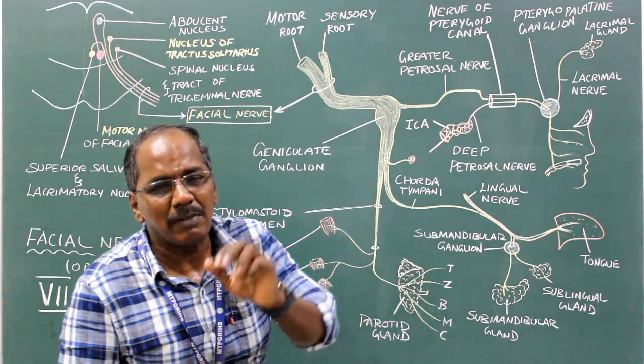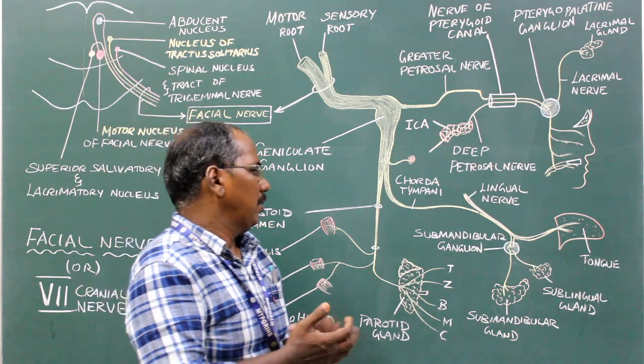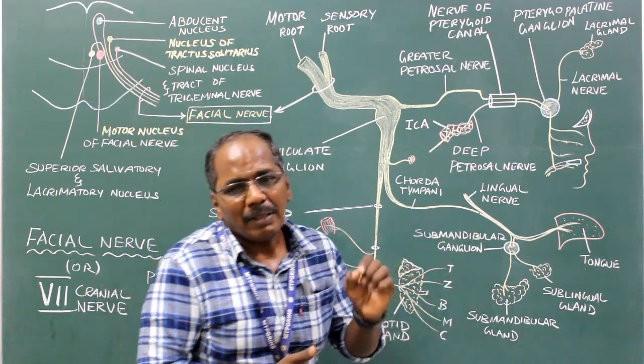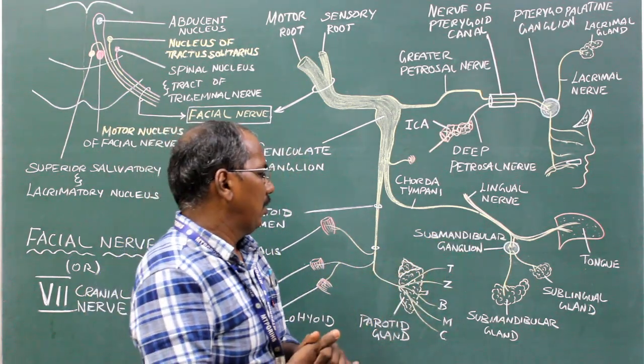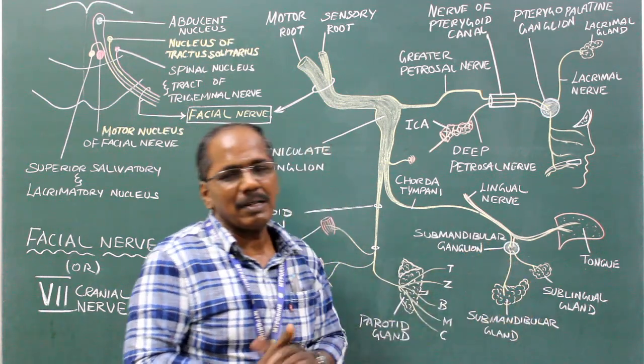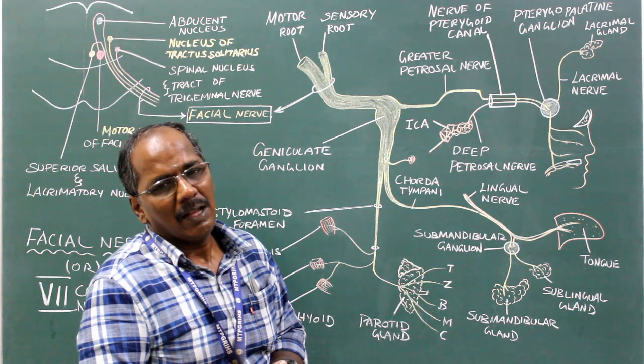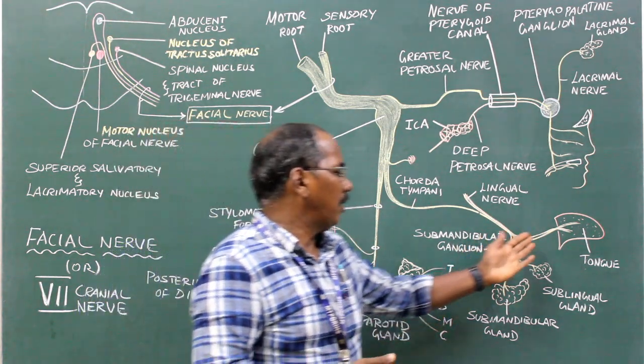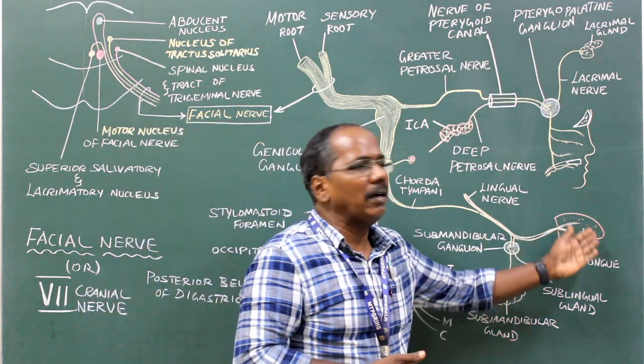It has 2 types of fibers: the parasympathetic fibers, which supply the sublingual and submandibular salivary glands, and taste fibers for the anterior 2/3 of the tongue.